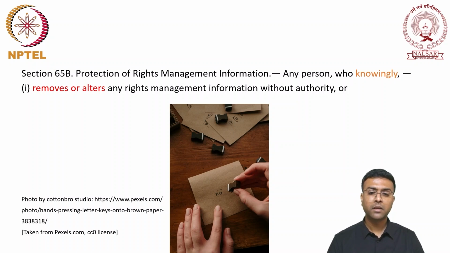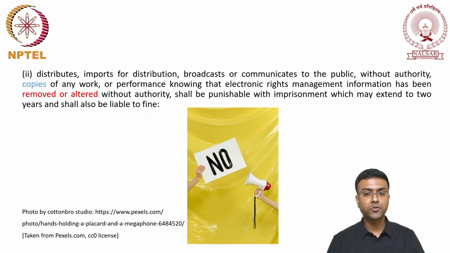It says, any person who knowingly removes or alters any rights management information without authority or distributes, imports for distribution, broadcasts or communicates to the public without authority copies of any work or performance, knowing that electronic rights management information has been removed or altered without authority, shall be punishable with imprisonment which may extend to 2 years and shall also be liable to fine.